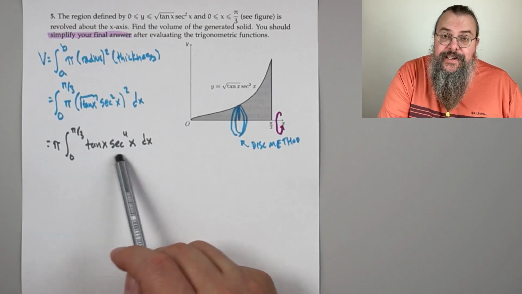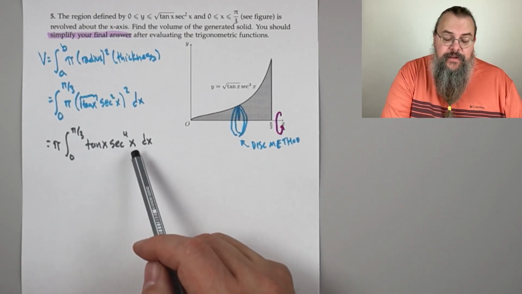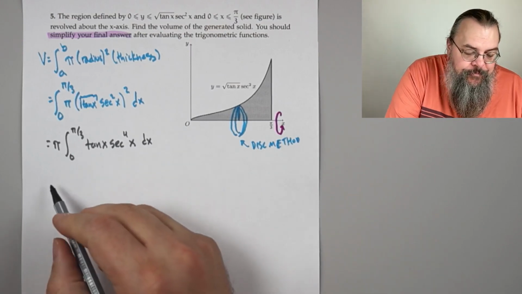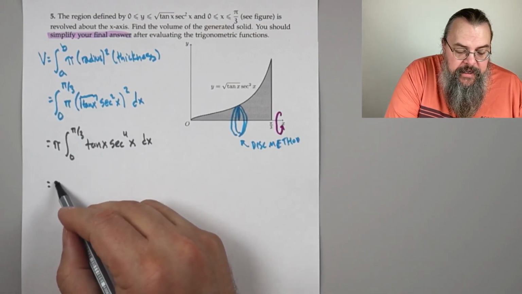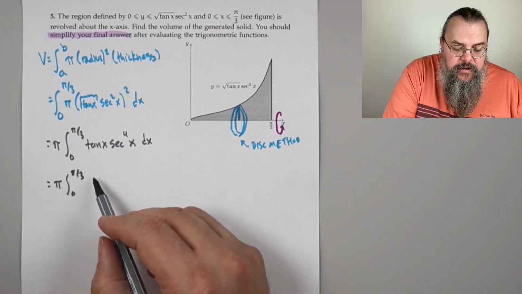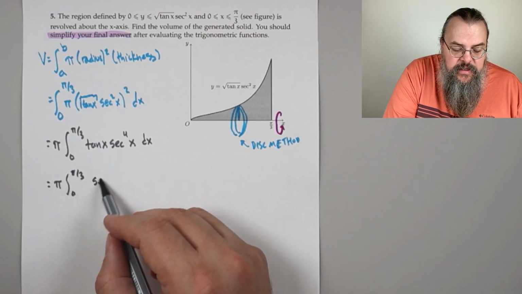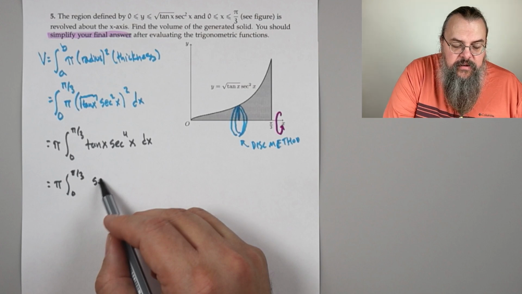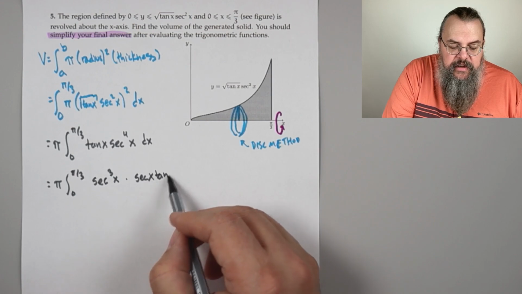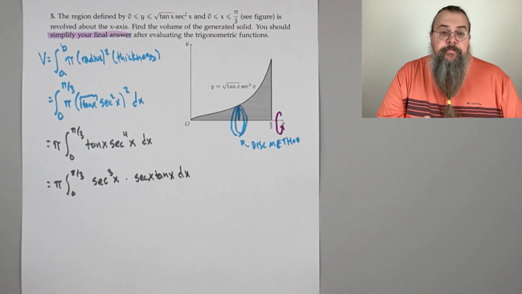See how we have a secant tangent? And then what's left will be a secant cubed. So you say, brilliant. All right, so this will be pi integral 0 to pi over 3, and we're going to have our secant cubed x times our secant x tangent x dx.